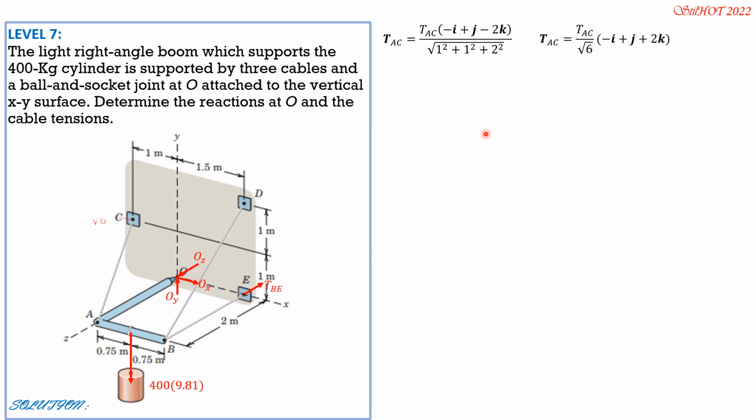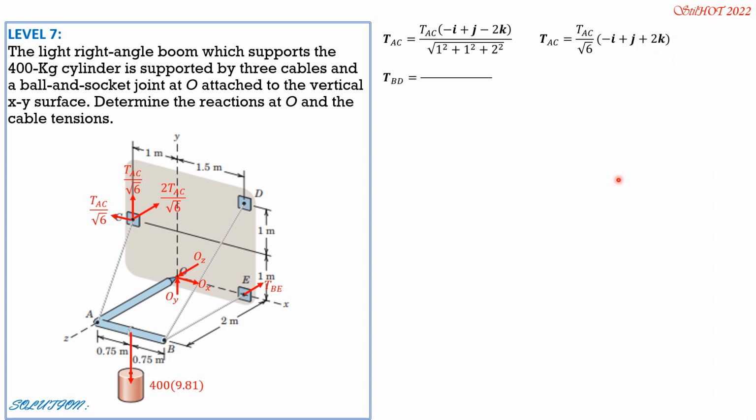Then this is the X component in the negative x direction, tension AC over square root of 6, then y upward, tension AC over square root of 6, then along z forward, 2 tension AC over square root of 6.